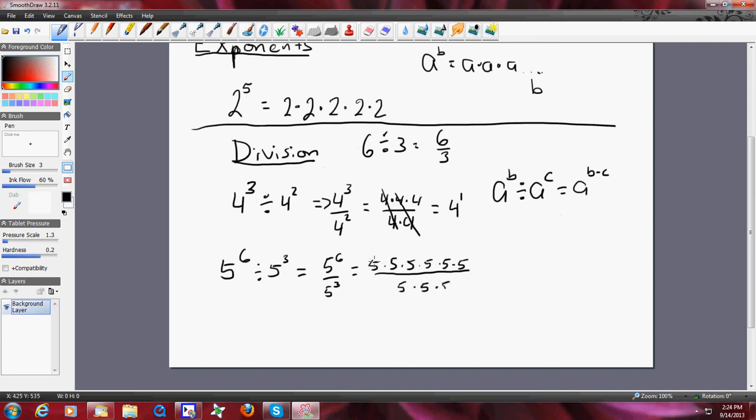And let's take a look. Those sounds are me simplifying. We're left with 5 times 5 times 5, which is 5 cubed, but like I said, we already knew that, because 6 minus 3 is 3. So that's it. And that's Exponents video 1, multiplying and dividing numbers with the same base.